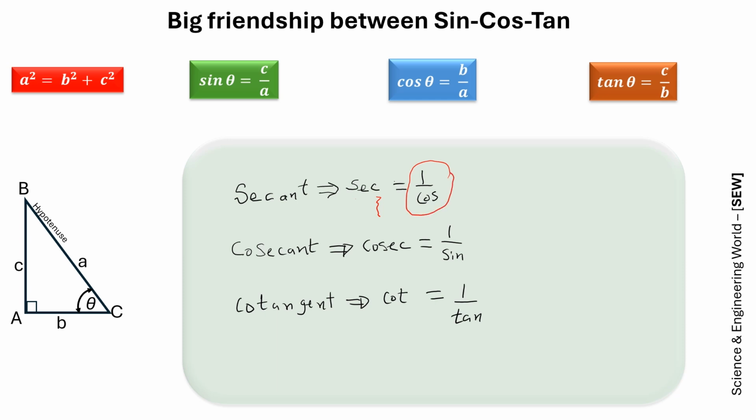Then in cosecant, 1, 2, 3, the 3rd letter is S, which depicts sine, so this is 1 over sine. And in cot, 1, 2, 3, the 3rd letter is T, which stands for tan, so that is 1 over tan. That is my own little way of remembering these names.